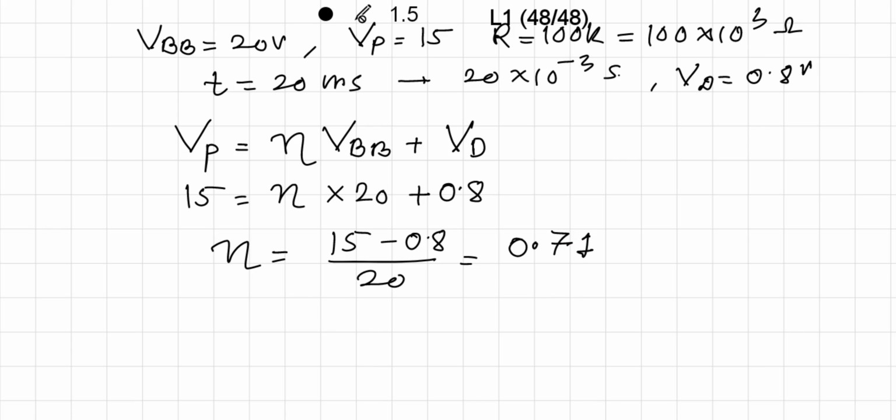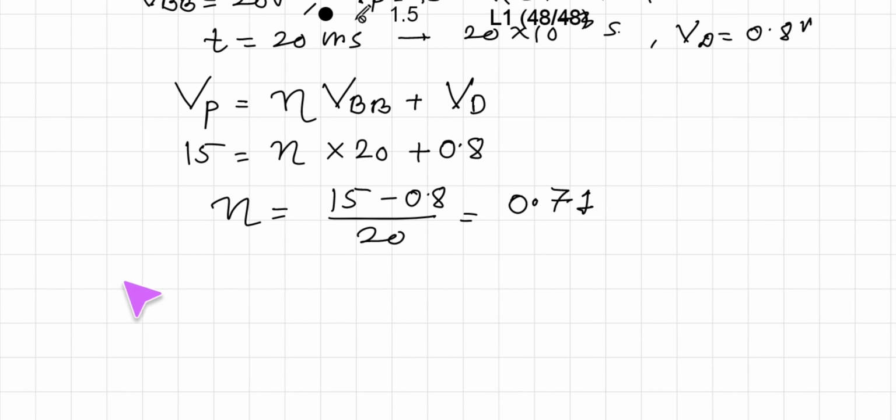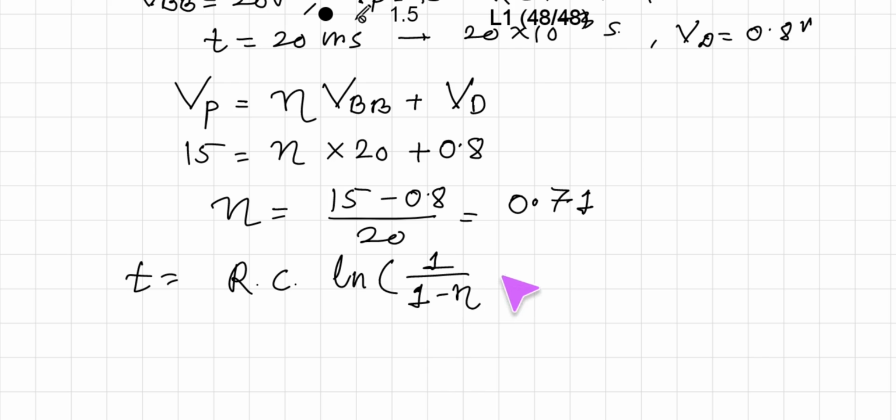The period of the UJT relaxation oscillator, period T, is given by the value of resistance into capacitor into natural log of 1 upon 1 minus eta.